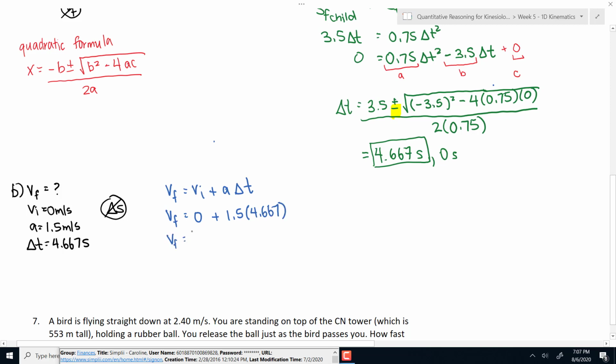And now I'm just going to type this up into my calculator. So it's 0 plus 1.5 times 4.667, and I get 7.0. And that's meters per second. So that's how fast the dad was going. And then we'll move on to part C.